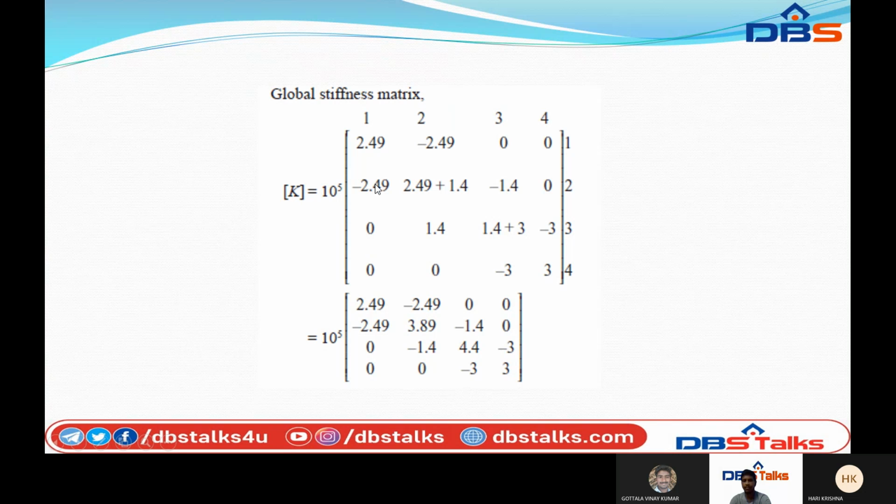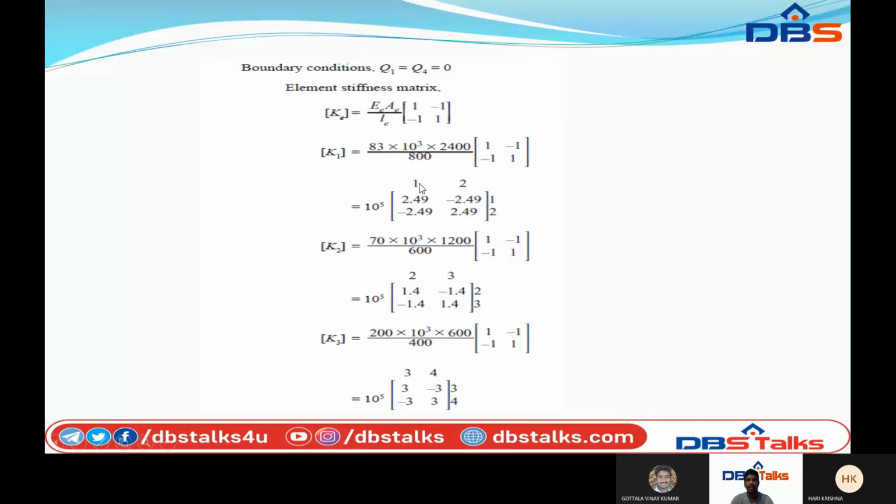In terms of K11, first of all, for writing the global stiffness matrix, we have to see K11, K12, K21, K22. First, for writing K11 in the place of the matrix, 11 will be K11.